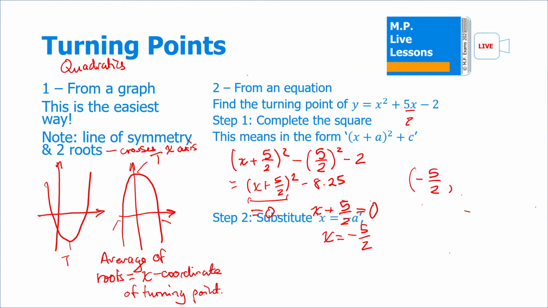And then c, since this is 0, this would be the end bit, so minus 8.25. So if we've got our little form here, x plus a all squared plus c, so let's say these a and c are numbers, your turning point would be negative a, c.